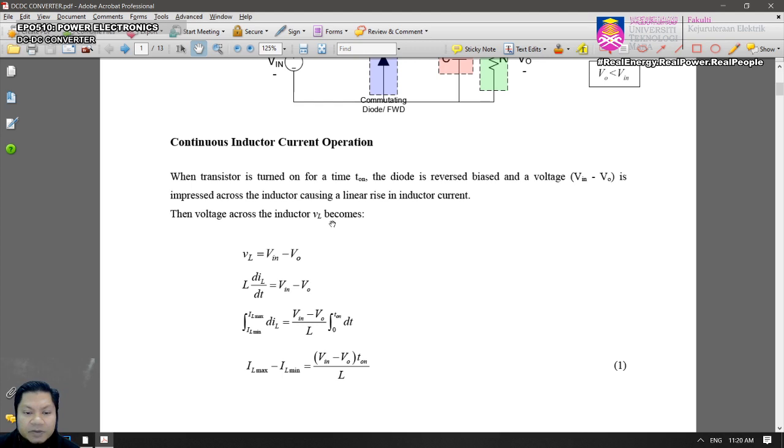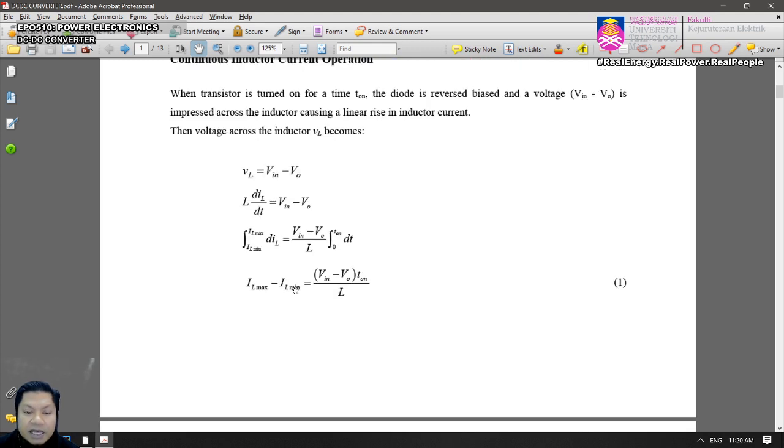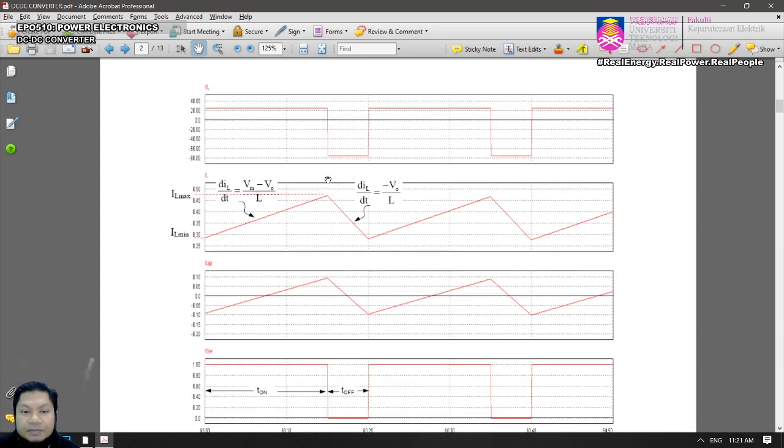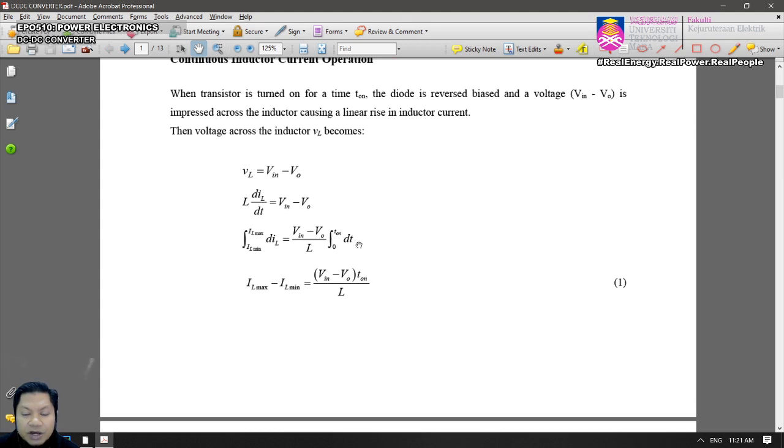Then voltage across inductor becomes VL equals to V in minus V out, and then we have this equation again, L dIL equals V in minus V out dt, and then you integrate the inductor current from minimum current IL min to IL max, and on the right hand side we're going to have 0 to T on. So we have 0 to T on dt, and you solve this, you have IL max minus IL min equals to V in minus V out times T on over L.